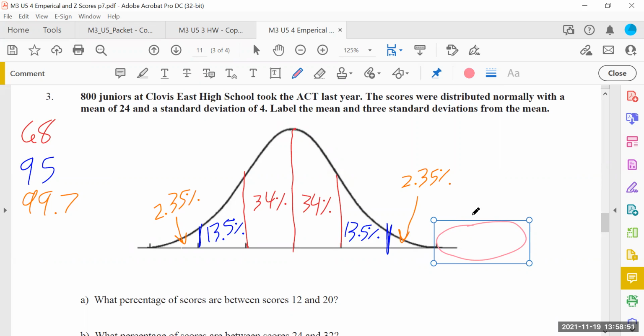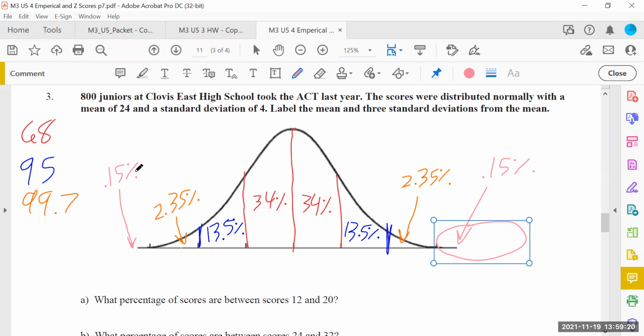Half of that is going to be 0.15% on this end, and the little tail on this end, 0.15%. Those percentages do not change. Are we okay there? Any questions about how we found those? They're exactly the same as the other ones. You're always going to get the same percentages.